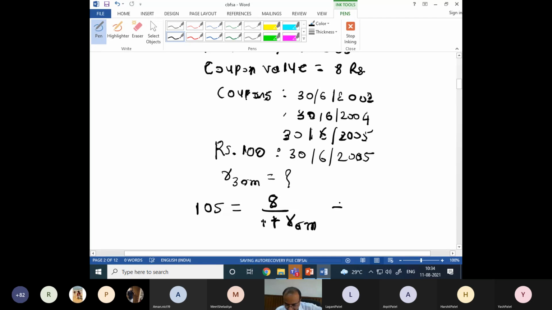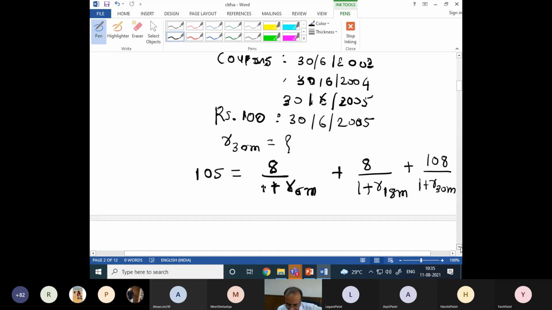Plus another 8 rupees I will get after 18 months. Say this is 30th June 2004, so it is 18 months. Then I will get 8 rupees along with my 100 rupees face value at the end of 30th month. So I need to write like this. Okay, so this is my balancing equation. Hopefully you understand this now.